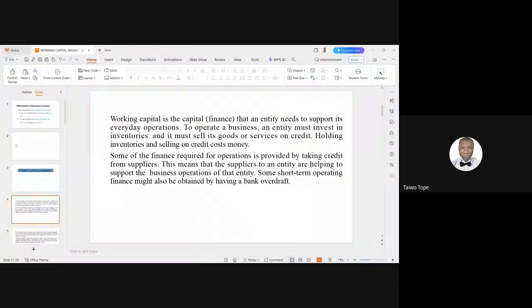So when you have too much inventory in your warehouse, it can result in high holding costs. And it can result in deterioration. It can result in obsolescence, that is, goods becoming out of date. There will be aging of goods in your store, high expiry products, and the rest of them.